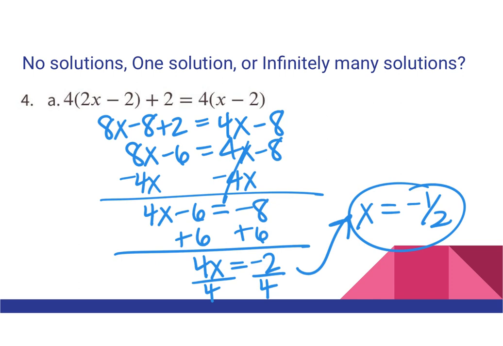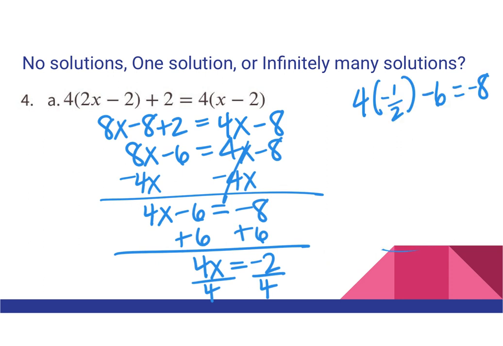So that is my solution, but as always, I want to check it to make sure that I am correct. So I'm going to substitute negative 1/2 in here. So I have 4 times negative 1/2. Remember I told you multiplying a fraction times a whole number in this way. Like if I have 4 times 1/2, that is the same thing as saying what is half of 4, right?